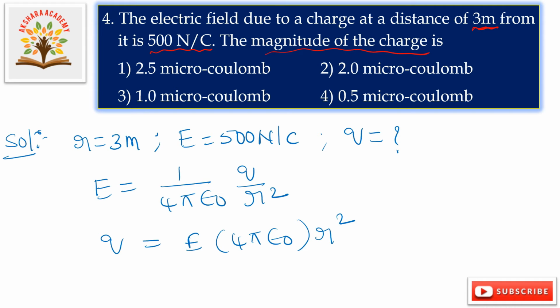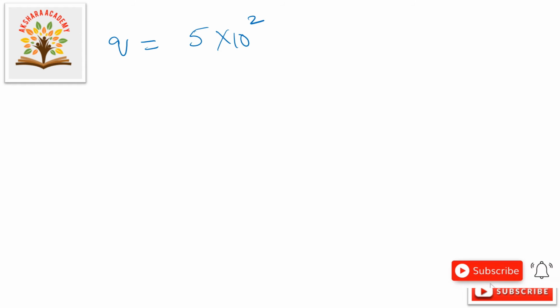So that is equal to E, nothing but what they gave as 500, into 4 pi epsilon naught 1 by 9 into 10 to the power of 9, and R they gave as 3 square. So 3 square is 9, 9 gets cancelled. Next, Q is equal to 500 which can be written as 5 into 10 square into 10 to the power of minus 9.